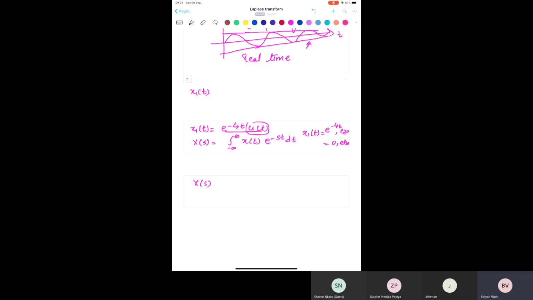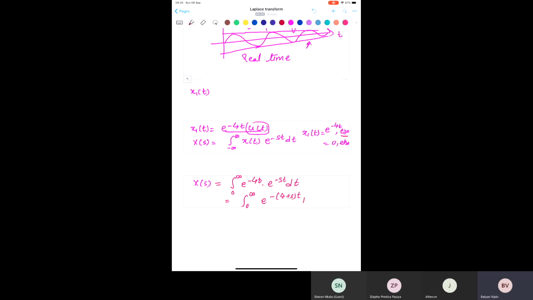The unit step means unit amplitude. So it will be from 0 to infinite. Why 0 to infinite? This signal starts from 0 and goes up to infinite. So it will be the integral from 0 to infinite of e raised to the power minus 4t into e raised to the power minus st dt.